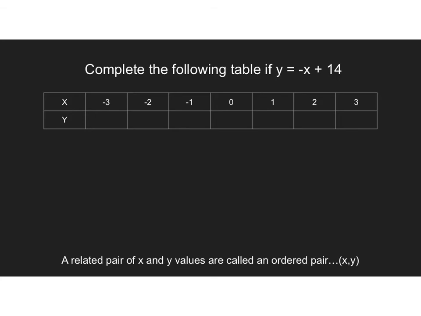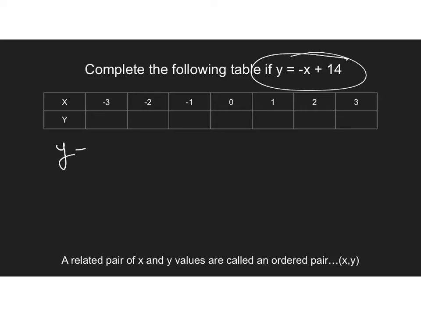Okay. The next one we have here is negative x plus 14. Now I didn't put the table in because you're going to see a variety of different models, and you have to come up with something that works for you for organizing everything.